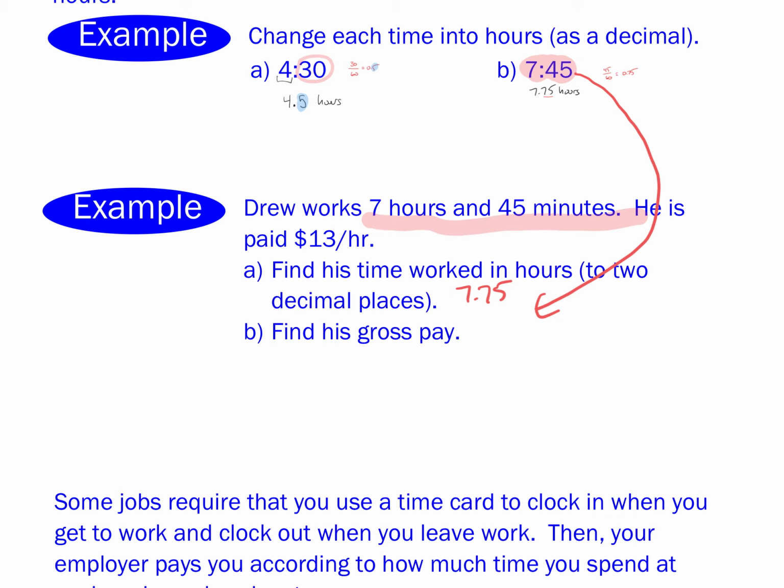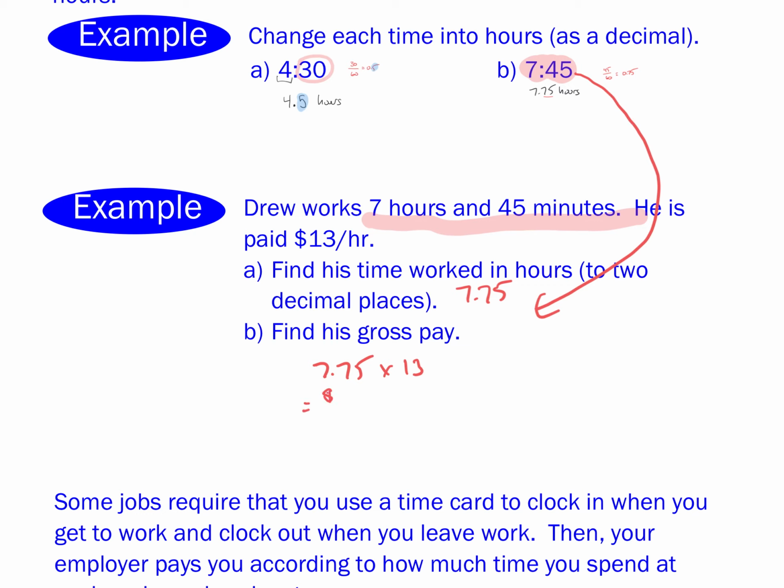Then what we need to do is take that 7.75, and it says he's paid $13 an hour. So we're going to multiply the number of hours he works by 13. So we're going to go 7.75 times 13.